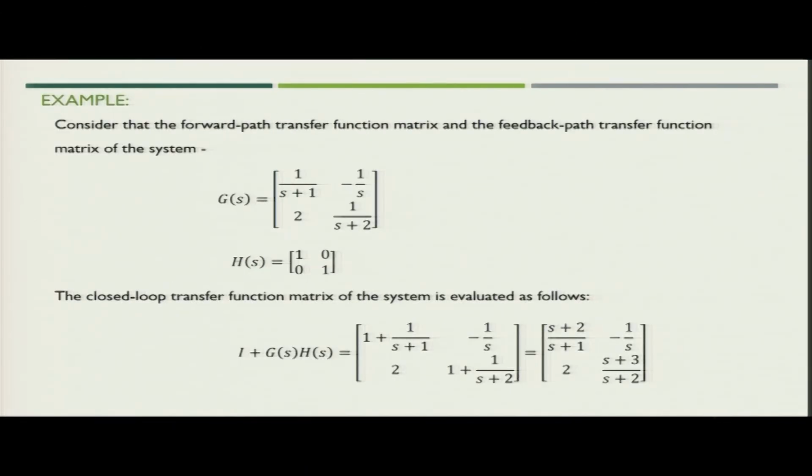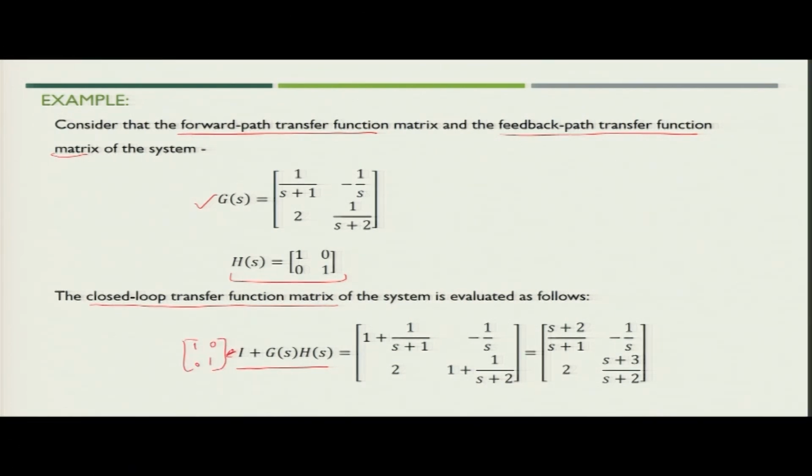Now, let us take one example. Suppose the forward path transfer function matrix G(s) is given, and the feedback path transfer function matrix H(s) is given. Now, we need to find the closed loop transfer function matrix. So, first we will try to find the value of I plus G(s)H(s), where I is the identity matrix.